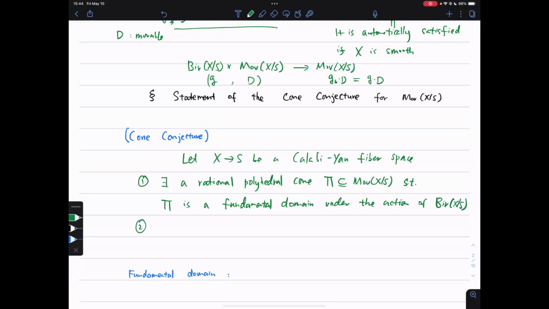And the second part of the conjecture is that this Calabi-Yau fiber space only admits finitely many minimal models.